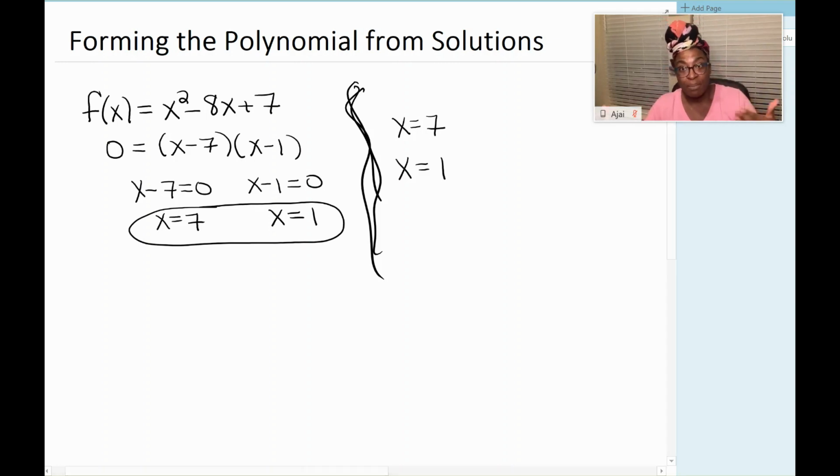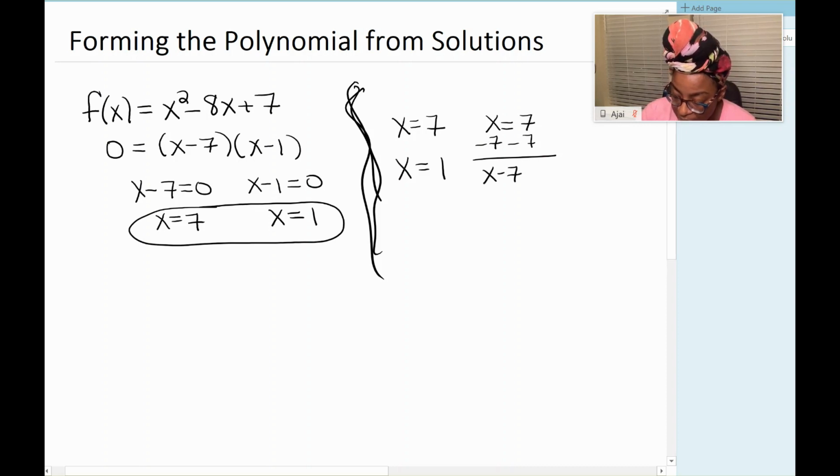You would have to think backwards. So if I have x is equal to 7, I push everything to one side, which means I would subtract the 7, and I end up getting x minus 7 is equal to 0. That's what I'm trying to do. I'm trying to get everything to one side.